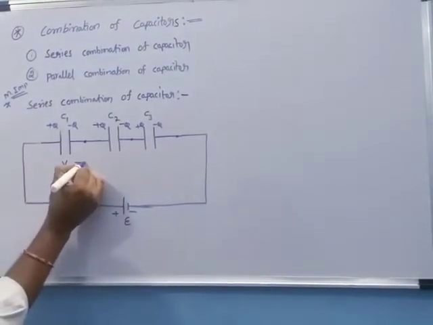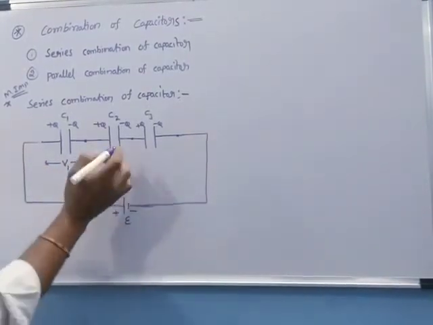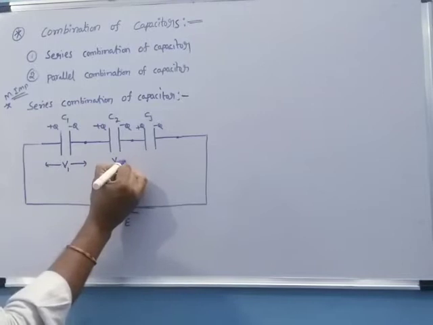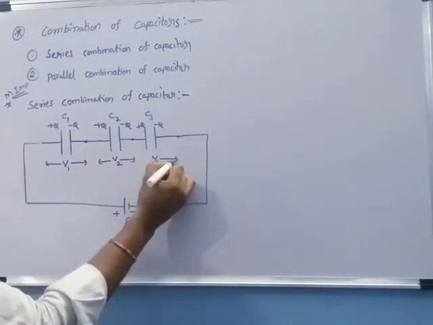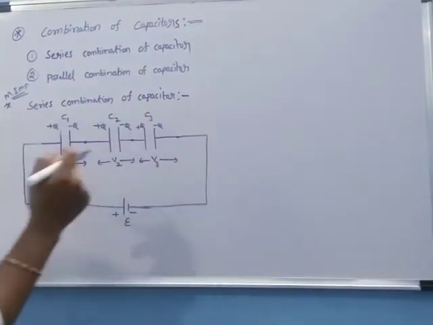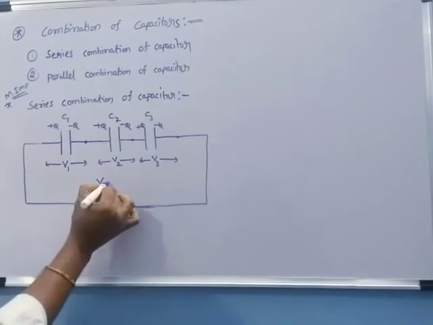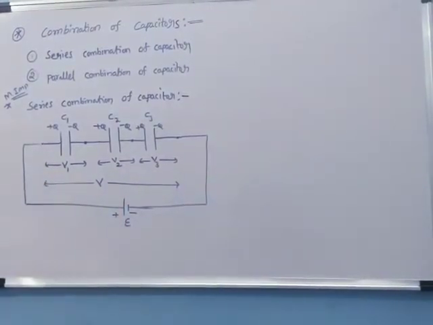The first capacitor has potential difference V1, the second V2, and the third V3. The total potential difference across the three capacitors we consider as V.